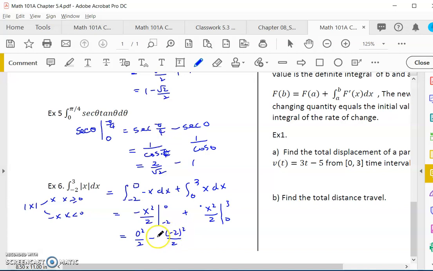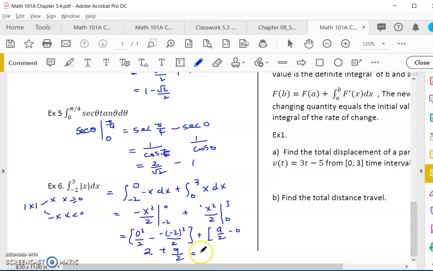So it's really convoluted, so it becomes plus, 4 over 2, that becomes 2. Now for the second, this has two numbers, 3 squared is 9, so 9 over 2 minus 0. So plus 9 over 2.